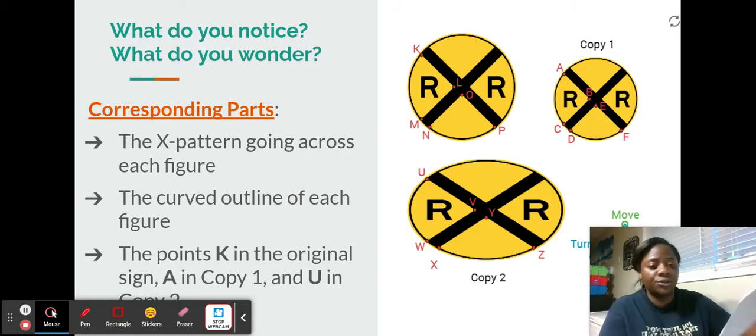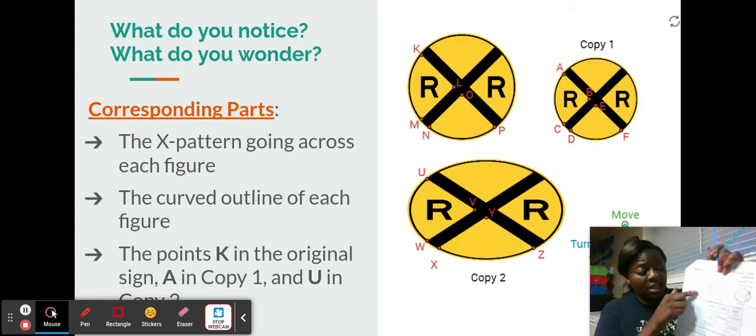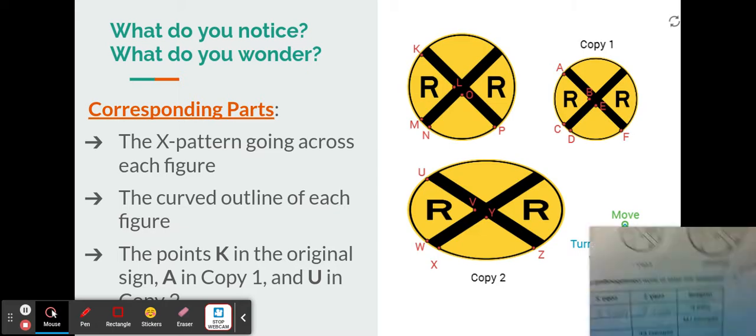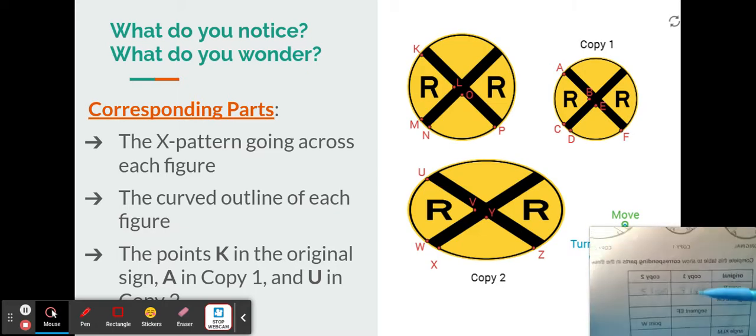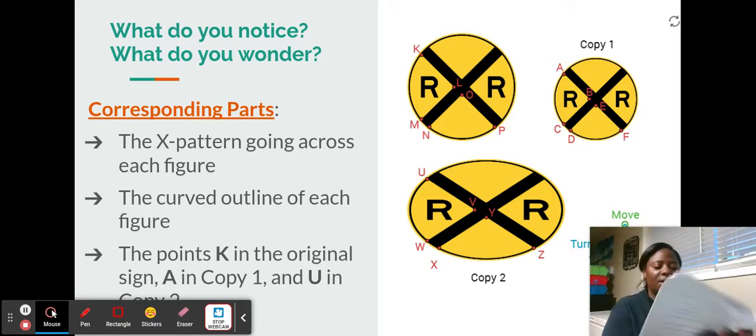That's true. And then what about copy number 2? By now, somebody would have said point Z. So I would have written that down. So point P corresponds with point F in copy number 1 and point Z in copy number 2.